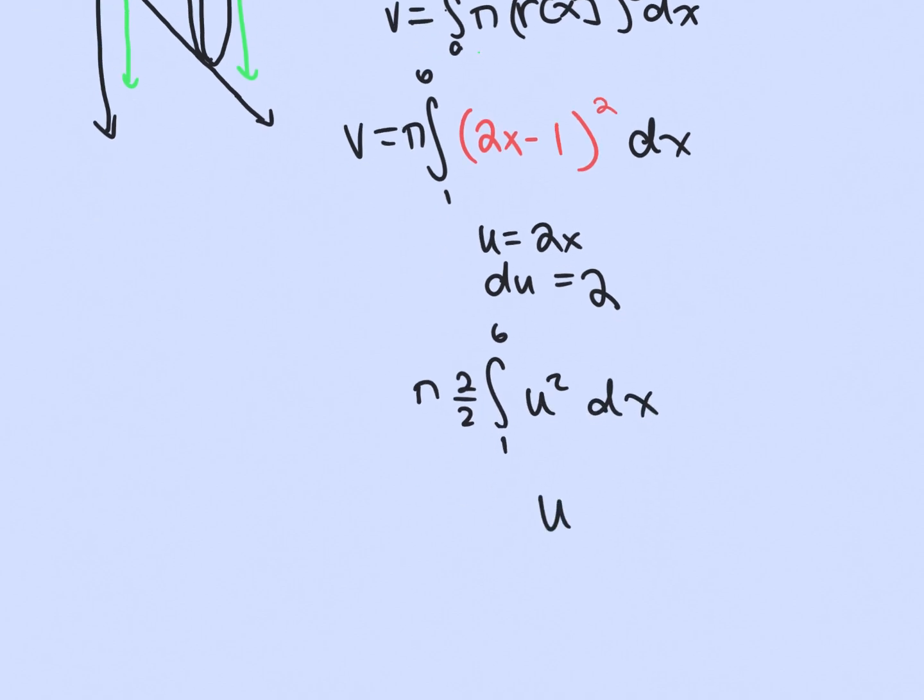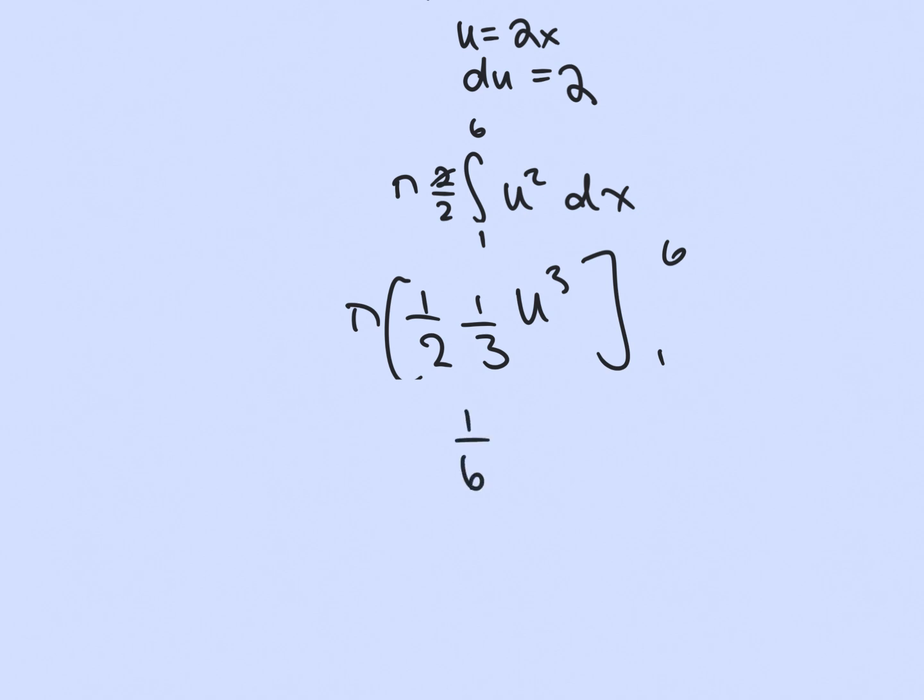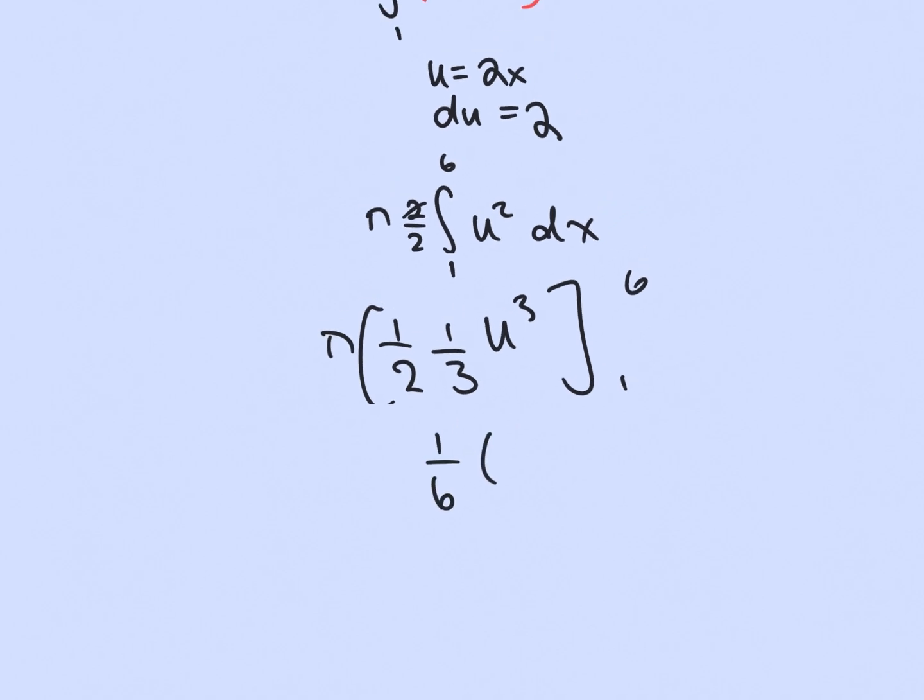So it's just going to be 1/3 u to the third. We take out a 2 here, so it's also going to be 1 times 1/2 pi, from 1 to 6. U, remember, is 2x to the third from 1 to 6 times pi.